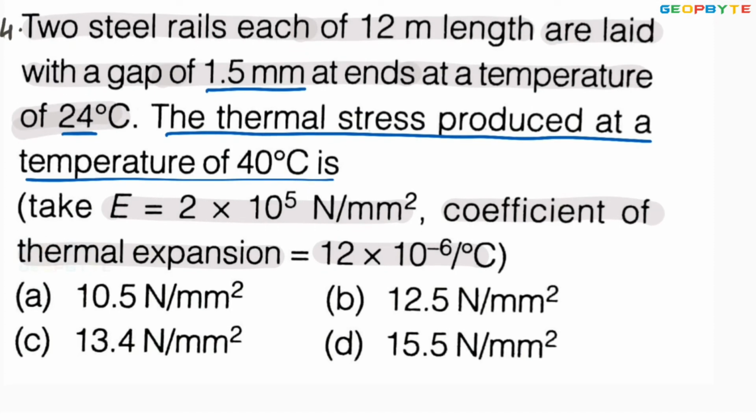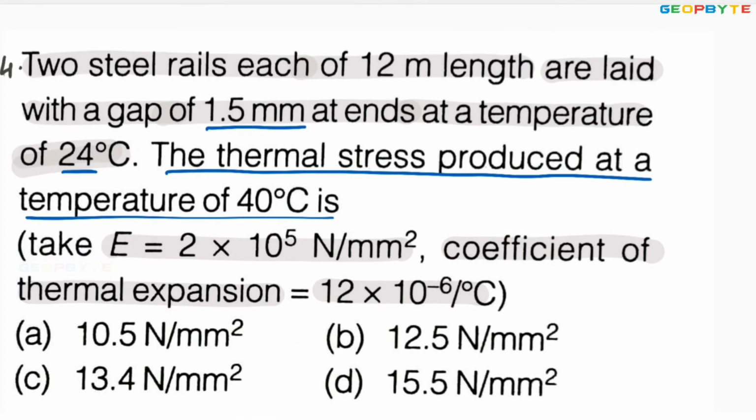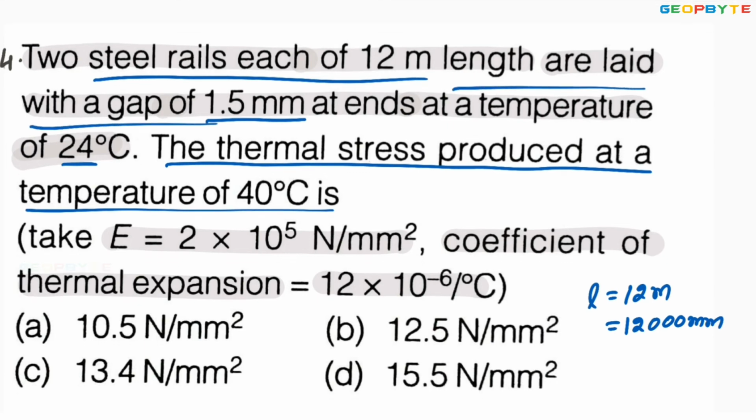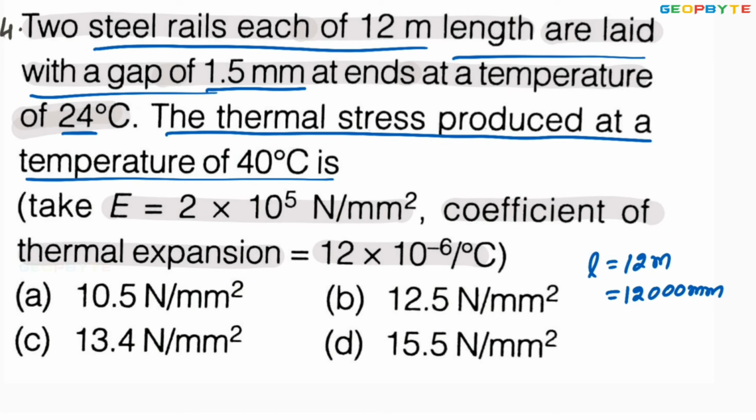Now let us write the given data. The length of the rails is given 12 meters, let it be in mm, 12,000 mm, laid with a gap of, here gap is provided, that is permitted yielding equal to 1.5 mm.